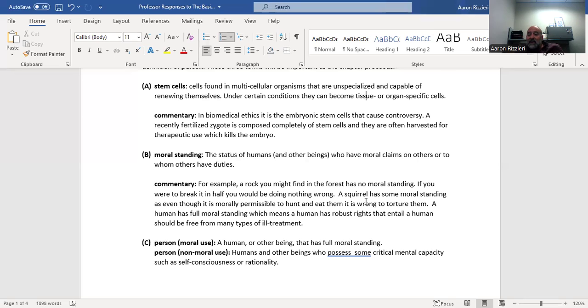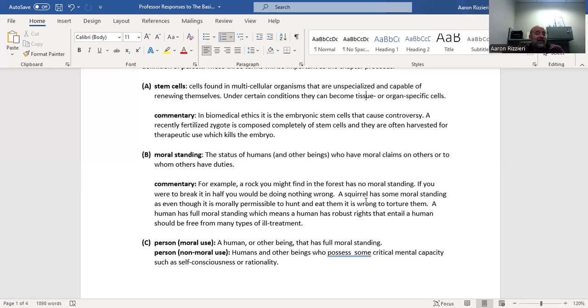For example, consider a rock you might find in the forest. That would have no moral standing. If you were to break it in half, you would be doing nothing wrong. You don't have any obligations to the rock. You don't owe the rock anything. If you think about why that is, it's pretty clear.